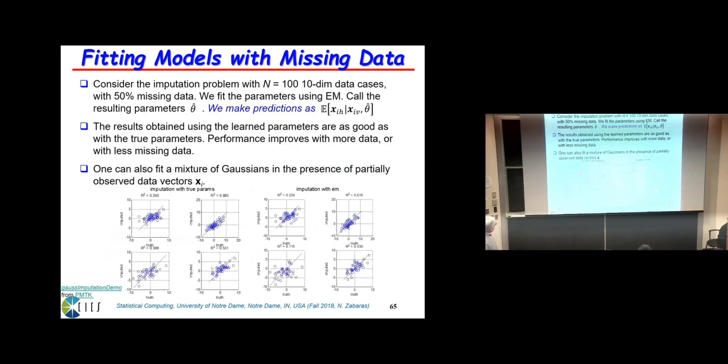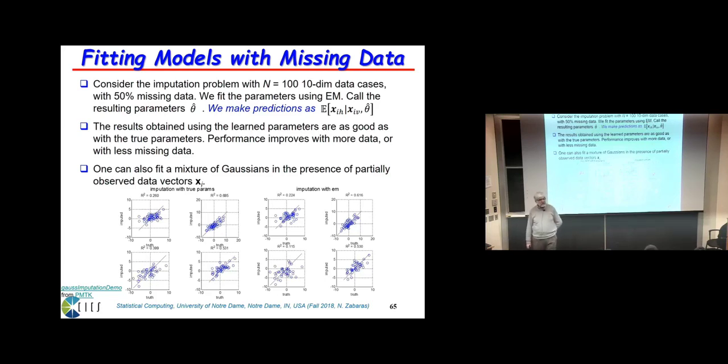And I think this problem is for a 10-dimensional case, and it shows basically that if you compute this hidden data with the true parameters, versus the parameters we computed with expectation maximization, the results look more or less the same.